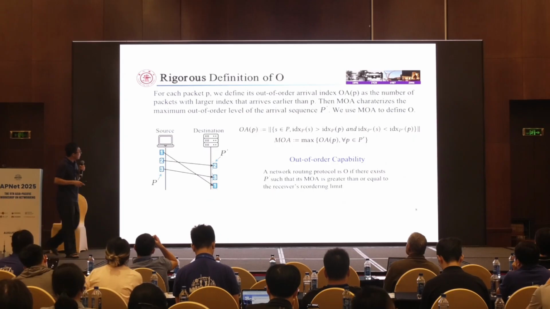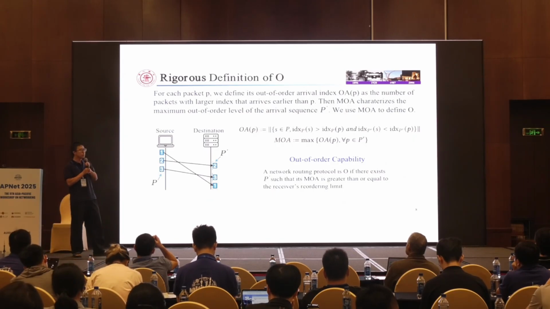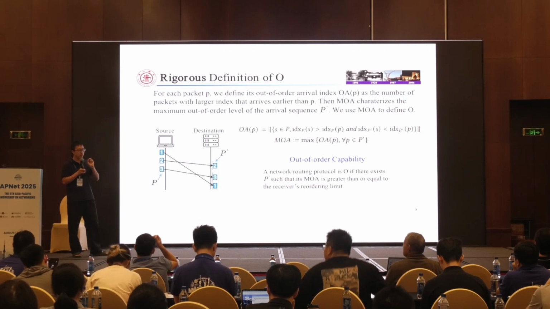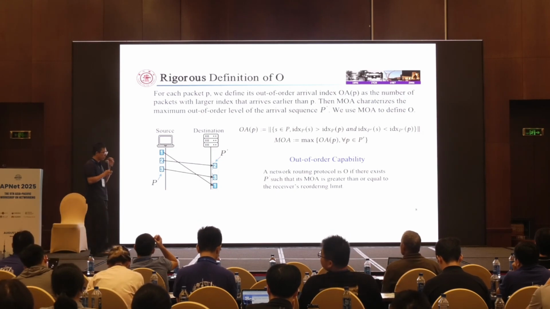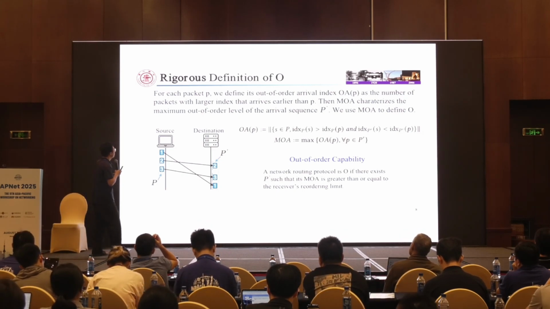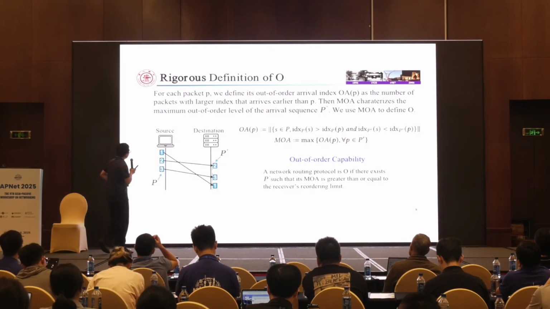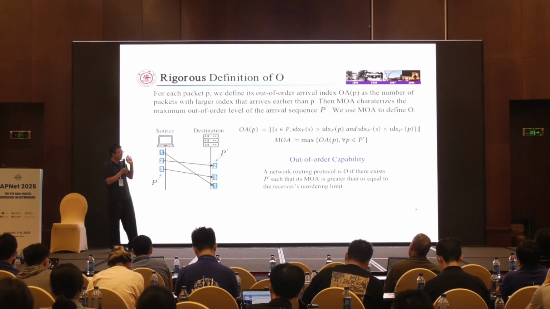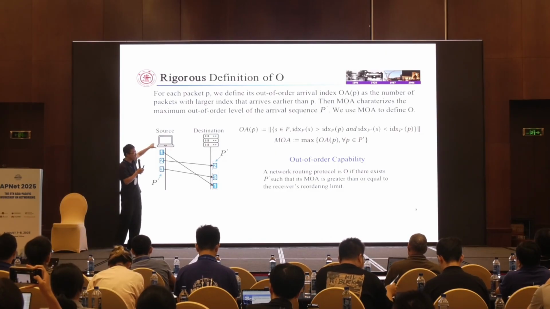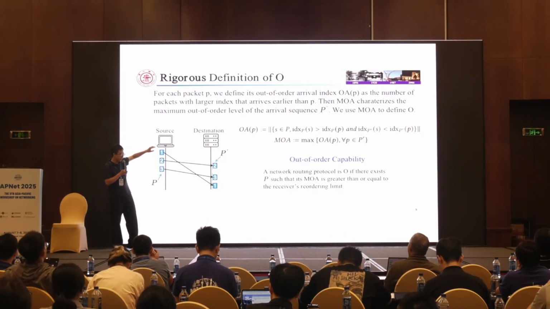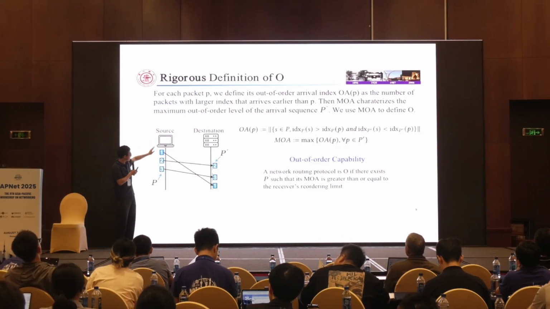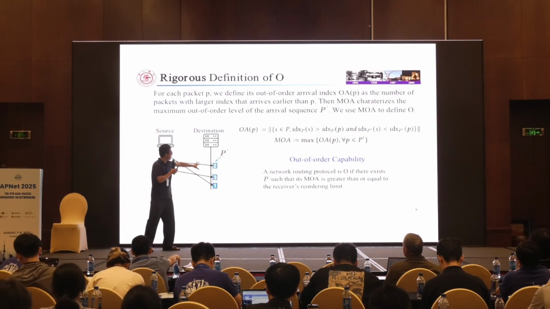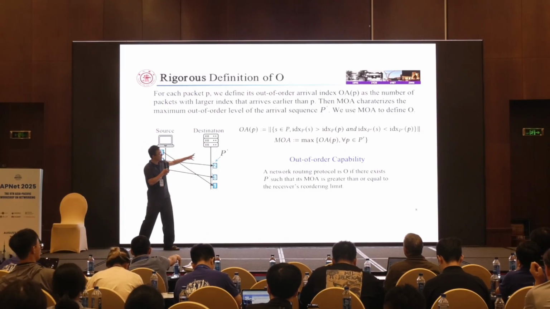Then we want to rigorously define what order lock is, and what the out of order capability is. For out of order capability, at the source of a network, we have a sequence of packets transmitted. On the receiver side, these packets may arrive in a different order.